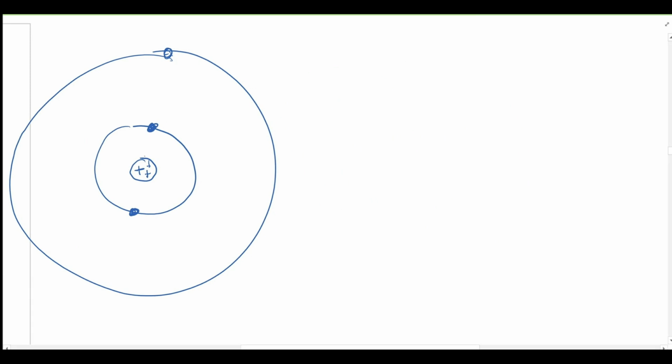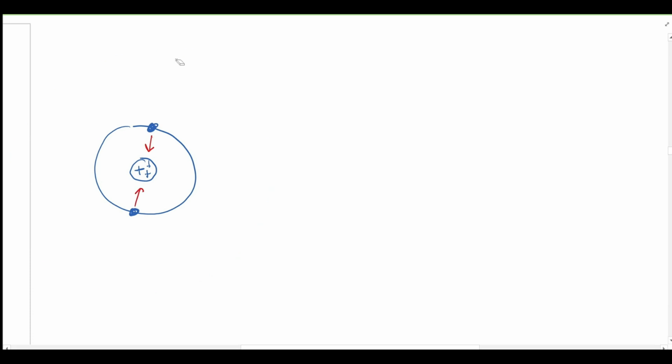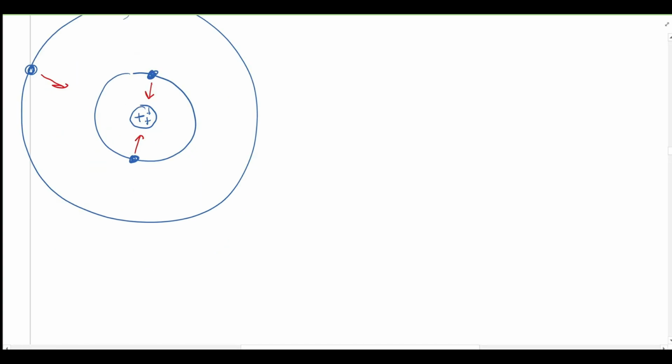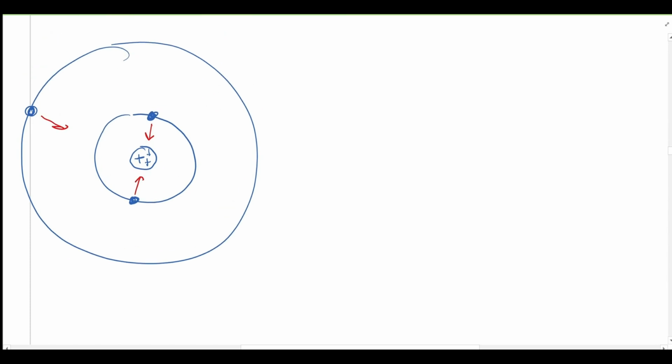We have electrons being pulled inward. Electrons are negatively charged, so they get pulled towards the nucleus. I'm going to move the last electron there just to give us extra space. So we have an attractive force of the electrons going into the nucleus. But we also have an opposite force because electrons repel one another.